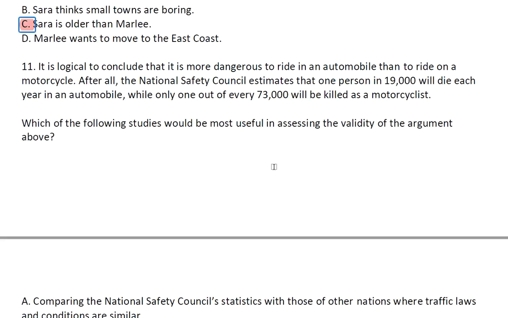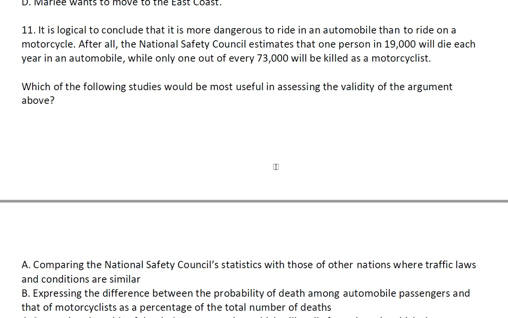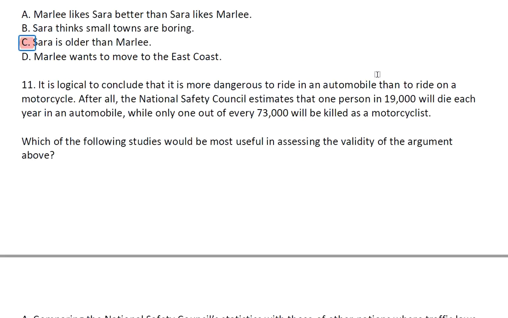Which of the following studies would be most useful in assessing the validity of the argument above? All right, so straight away in this sort of data, this is a good example of using relative data versus absolute data.